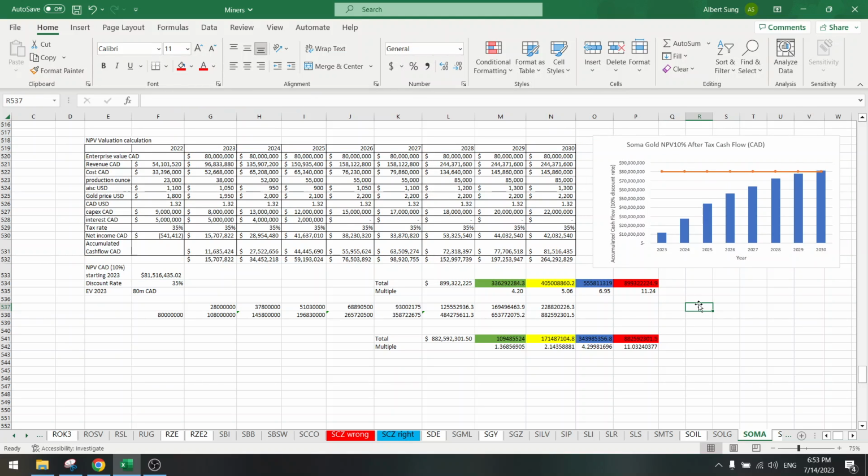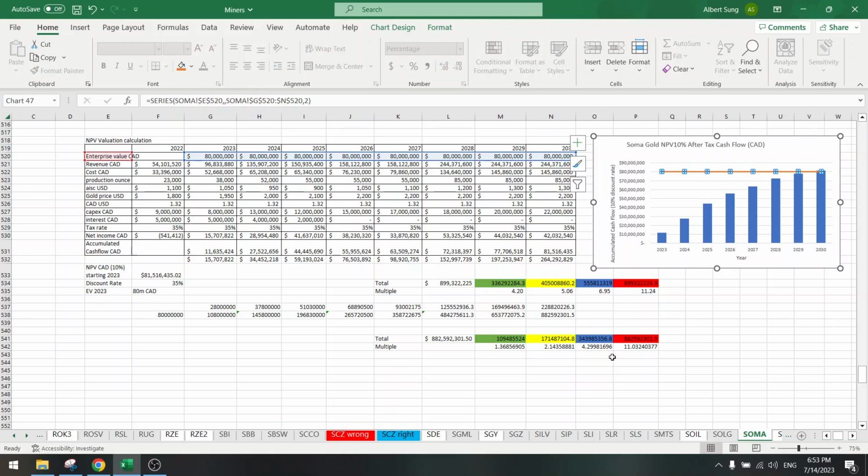So what does this mean? Because this is very important to understand. If the world has 35% interest rates, right? If the world has bond yields of 35%, then the value of this company, Soma Gold, is worth 80 million.